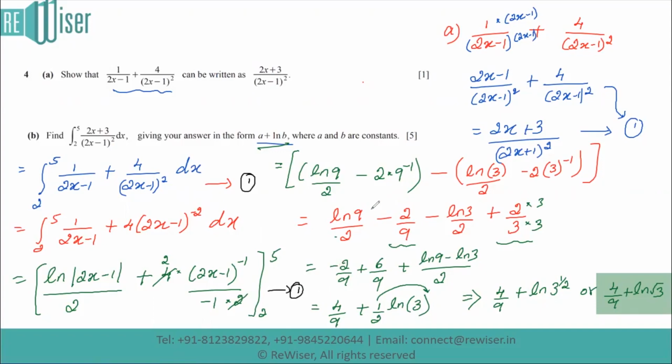And substituting the upper limit and lower limit, showing that we have substituted it, is going to give us 1 more mark, so that is 3 marks till here. And from here, simplifying it and getting the final answer correct can award us 2 marks. And this is how the mark distribution for this particular sum goes.